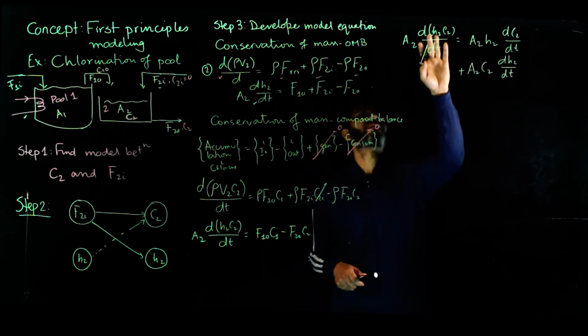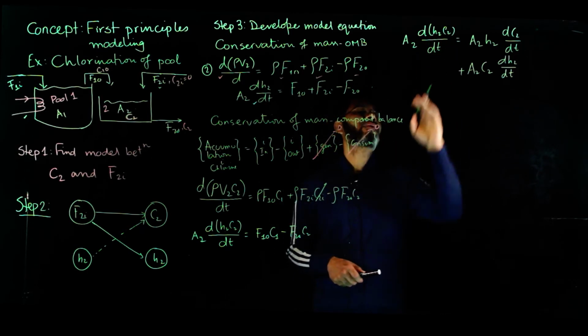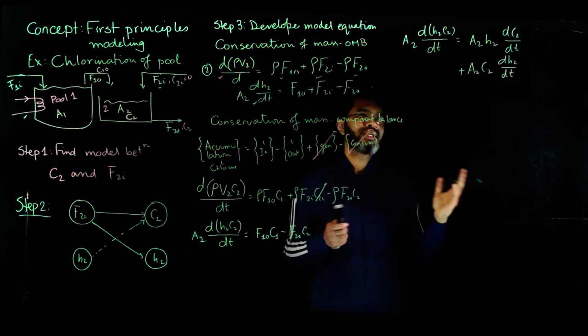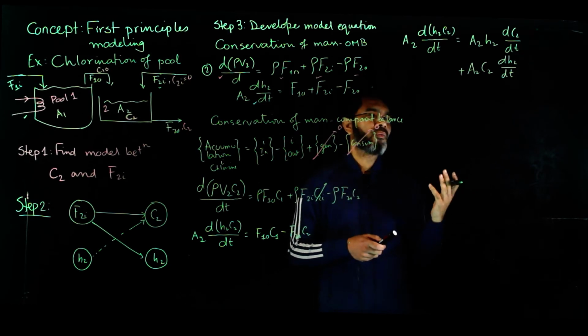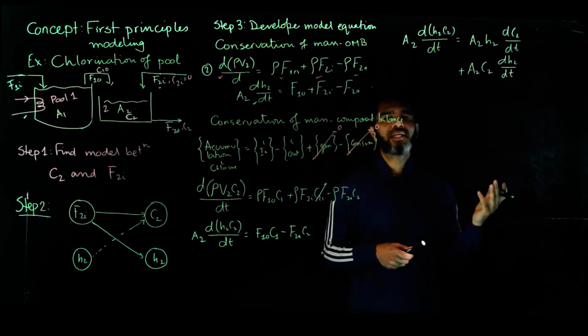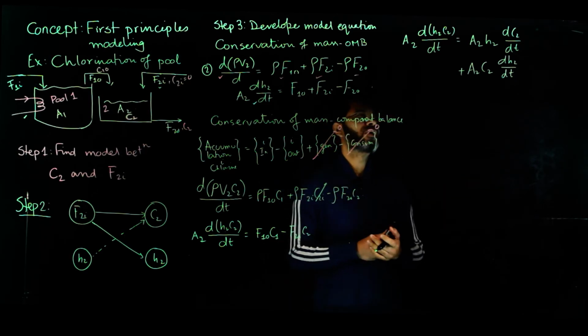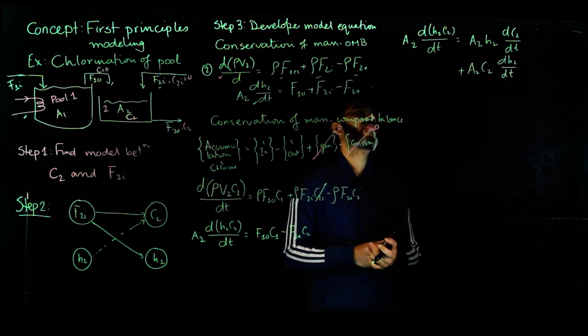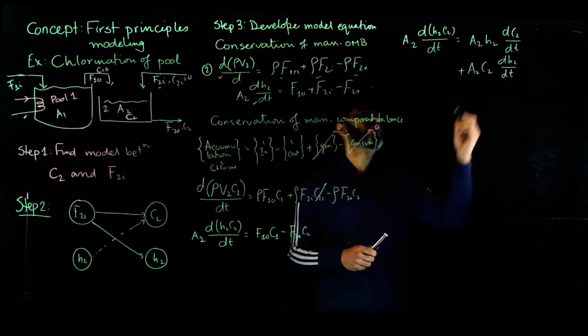So that's the derivative of two variables. If you have d dx of yz, it will be y dz over dx plus z dy over dx. Okay. So we have this equation now.